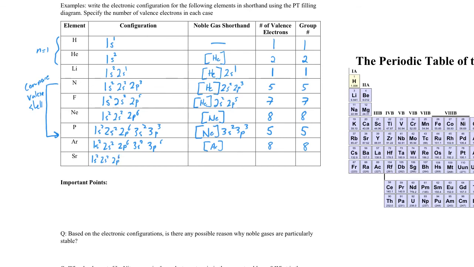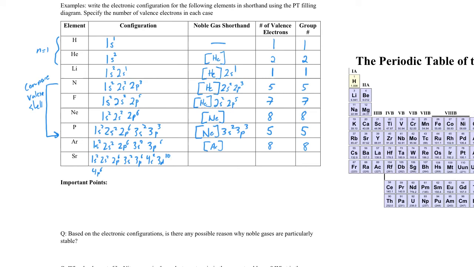So once we get through here, this means we're finished with neon, right? Neon has this configuration 1s2, 2s2, 2p6. That's row 2 that we've completed. Now we're going to go to row 3, or n is equal to 3. So we get 3s2, and then we go to the p block with 3p6, and then we go back down to the 4th row, and it's 4s2.